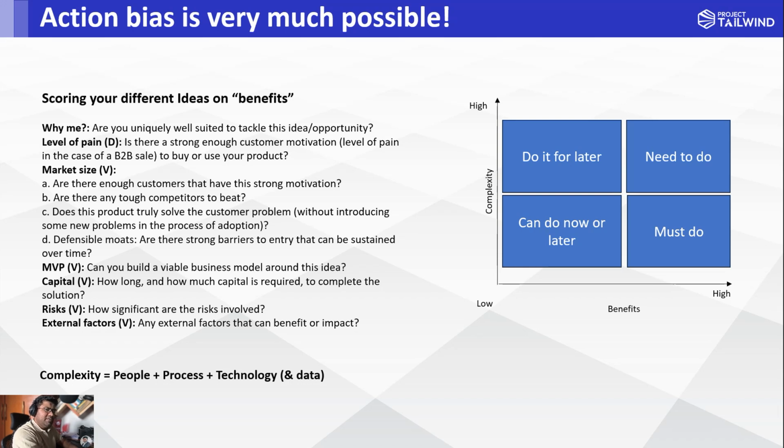All right. Now, based on this complexity definition, I want to give you a few rules of thumb to decide whether to build a solution yourself or you can outsource it. Basically, build versus buy.